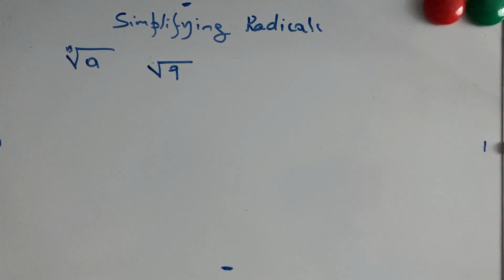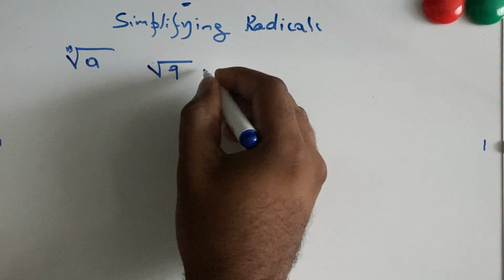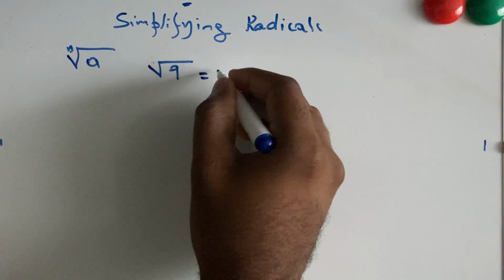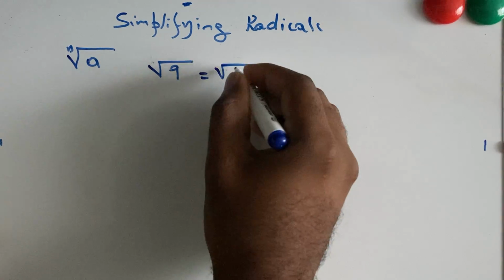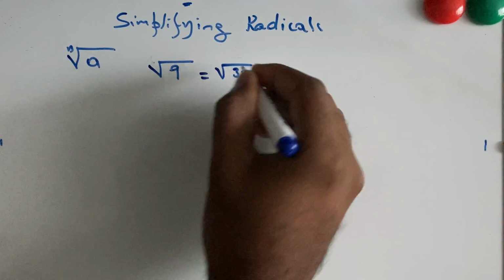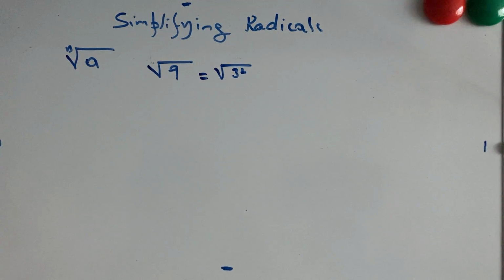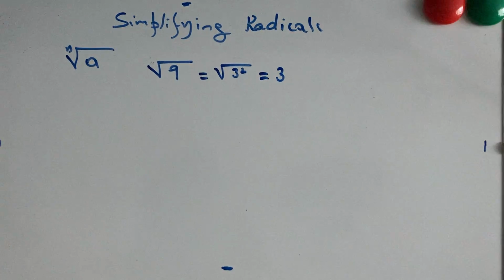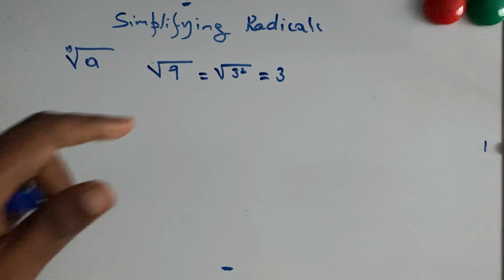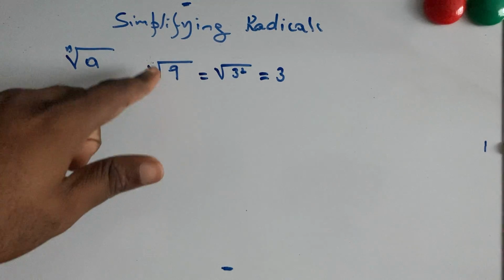So in other words, if it's the square root, I could write this as the square root of something squared that gives me 9. So 3 squared. Therefore, the answer is 3. So it's that simple. You just need a number squared that could give you 9.